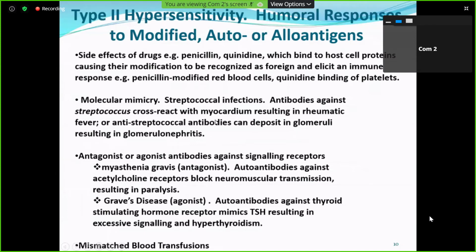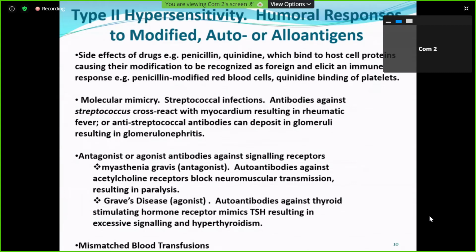You develop an antibody response against the streptococcal antigens. The trouble is that those antigens are very similar to heart muscle. So your antibody response, which is directed against the bacteria, then starts attacking the heart muscle and you get myocarditis, as in the case of rheumatic fever.